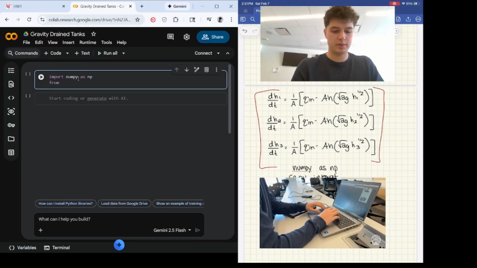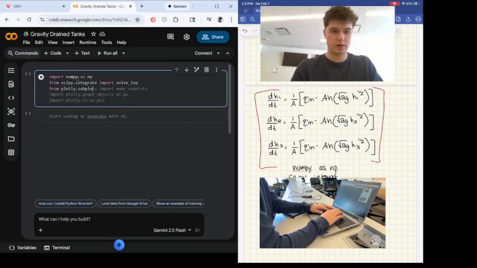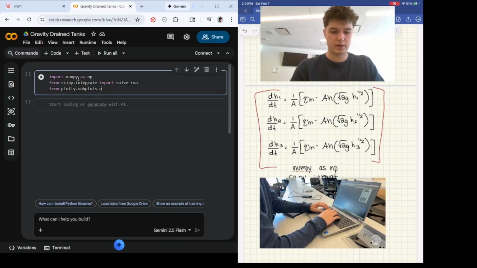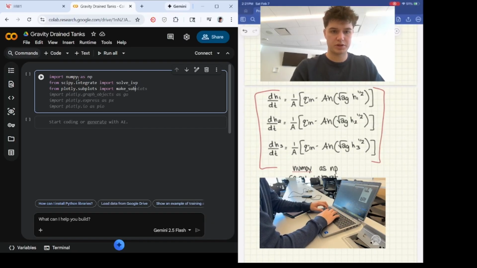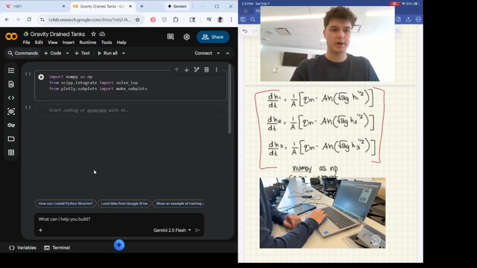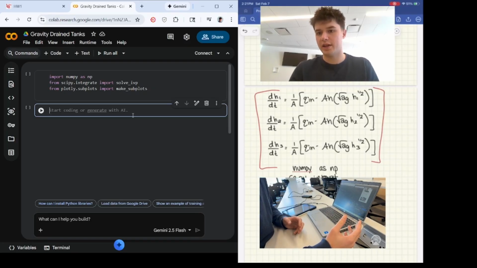And then we're going to do from scipy.integrate import solve_ivp, and next will be from plotly.subplots import make_subplots.